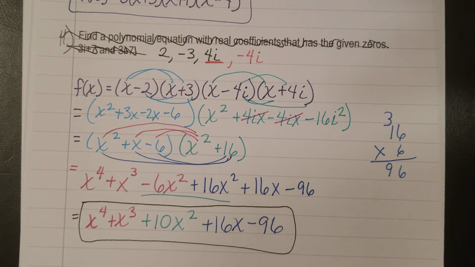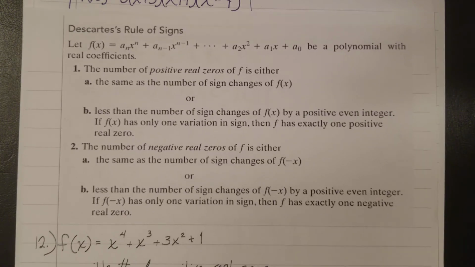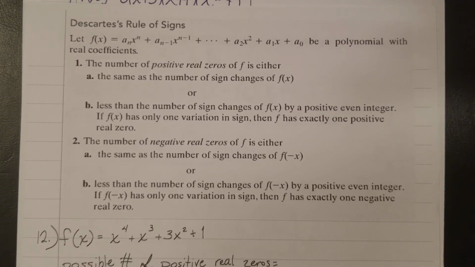Okay, last page. Descartes' rule of signs. Okay, so this is just like a little trick to help you figure out how many positive and negative real zeros you might have.